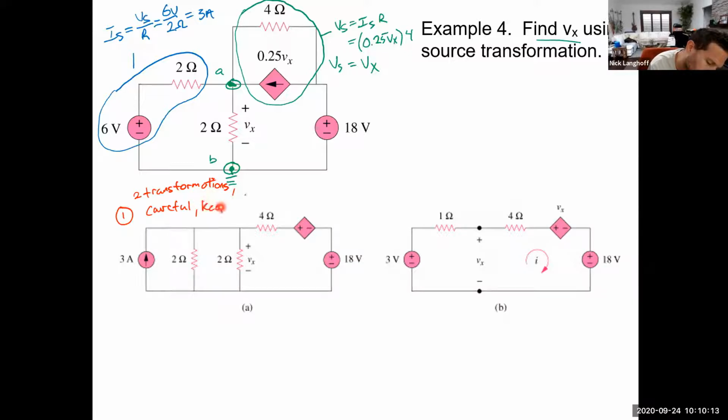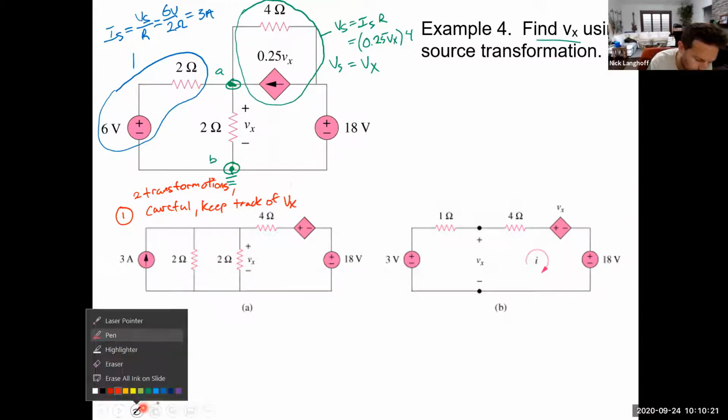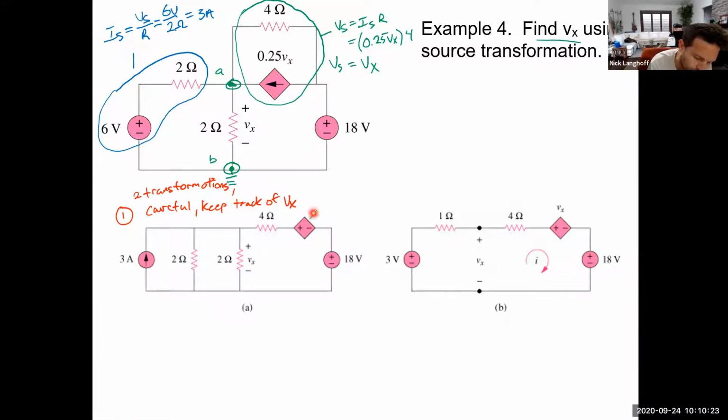Keep track of Vx. Now keep in mind that this value here is Vx. That did not get labeled somehow, so we're labeling it there now. Oh, sorry. You know what? I meant to write this at the next step, the next stage.